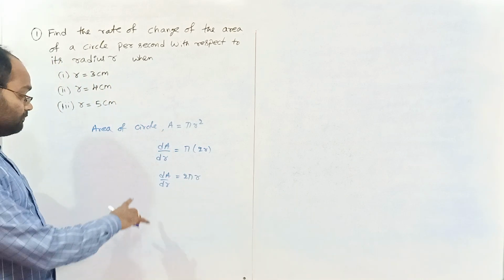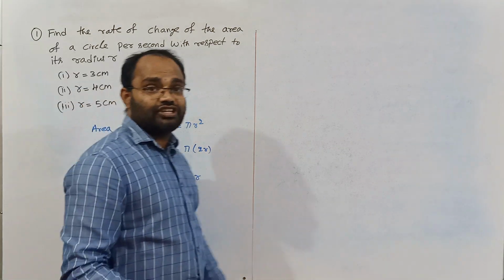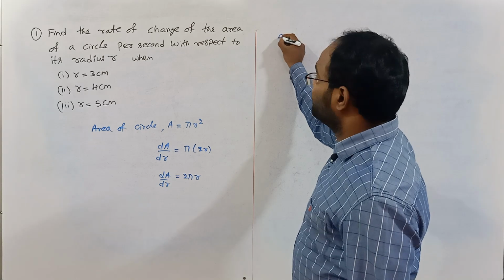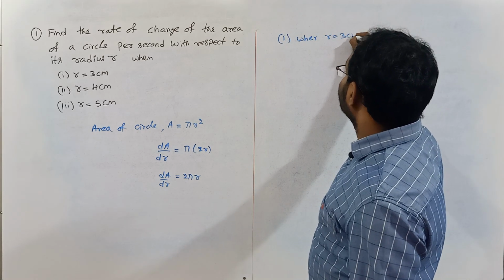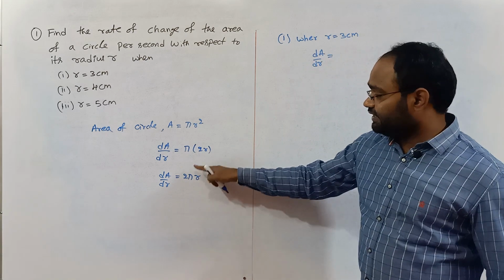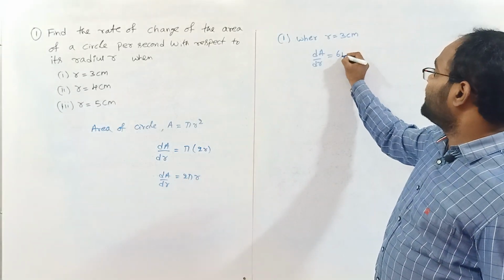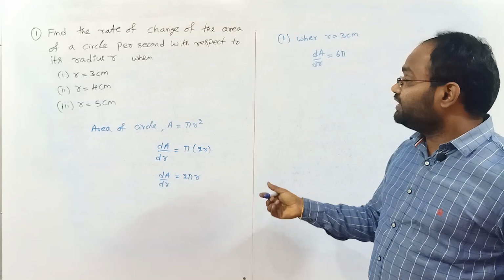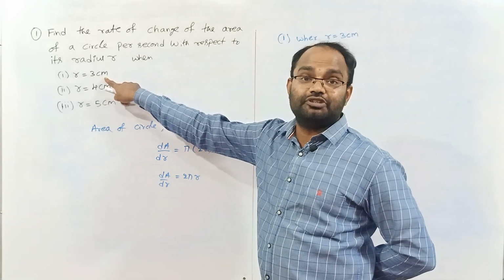Now we have to find out what are these values at these points. So in the first case, when r is equal to 3 centimeter, what does dA by dr become? dA by dr is 2 into 3, 2 into 3 is 6 pi. What is the unit? They have given per second and radius is given in terms of centimeter.